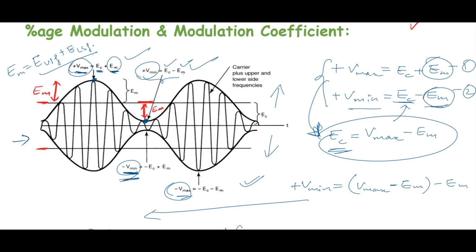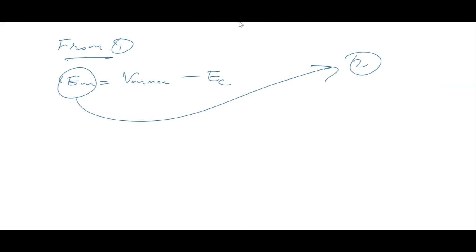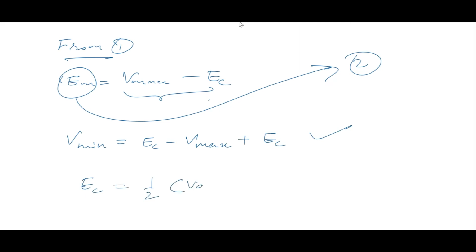So Vmin equals Ec minus, in place of Em, Vmax minus Ec. Minus minus becomes plus Ec. If I rewrite this equation, Ec equals 1 by 2 of Vmax plus Vmin.